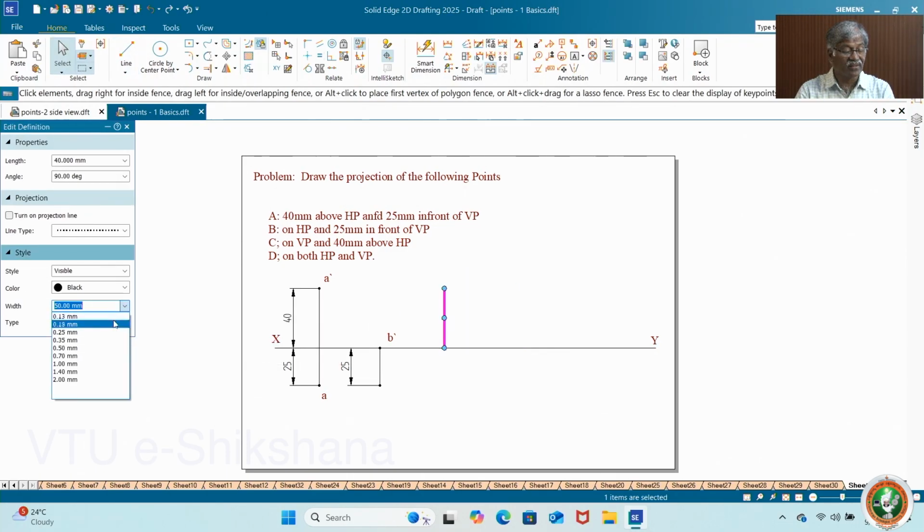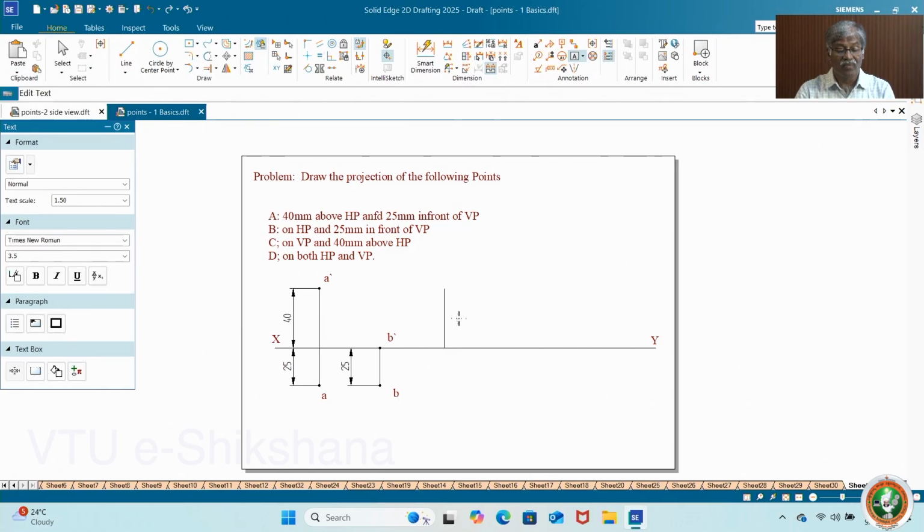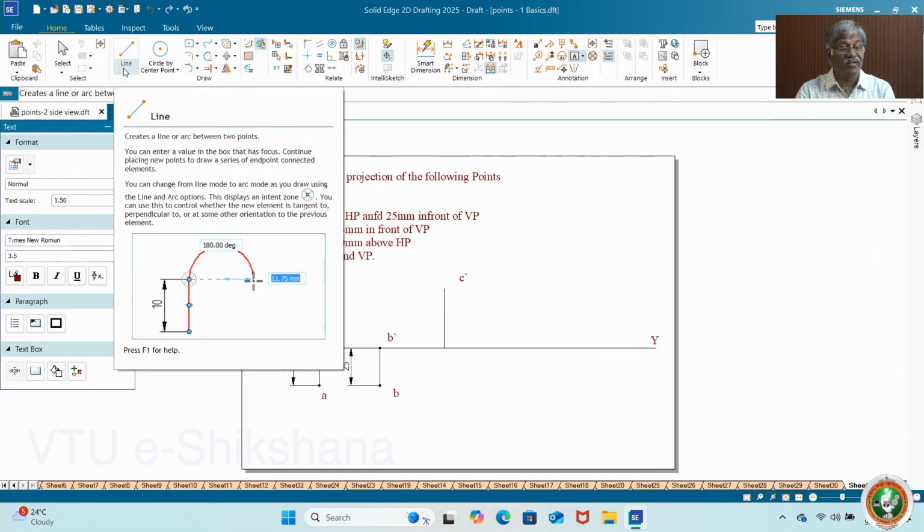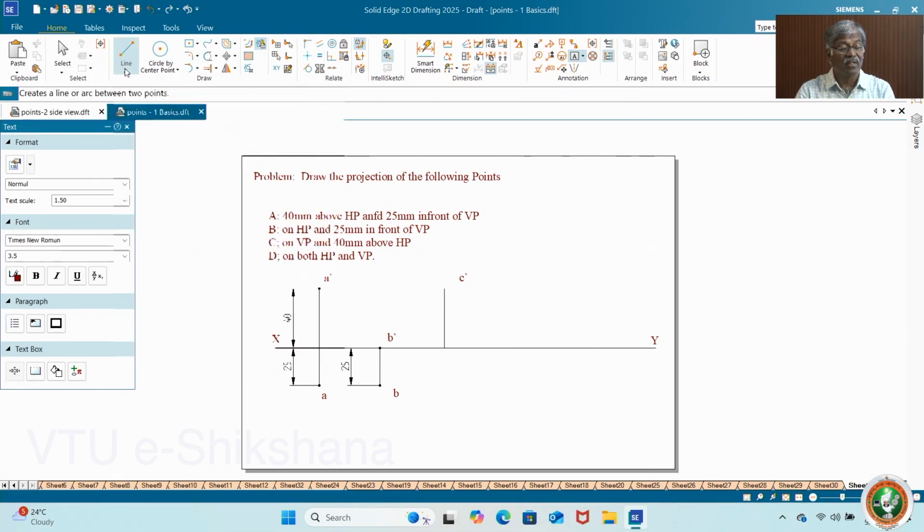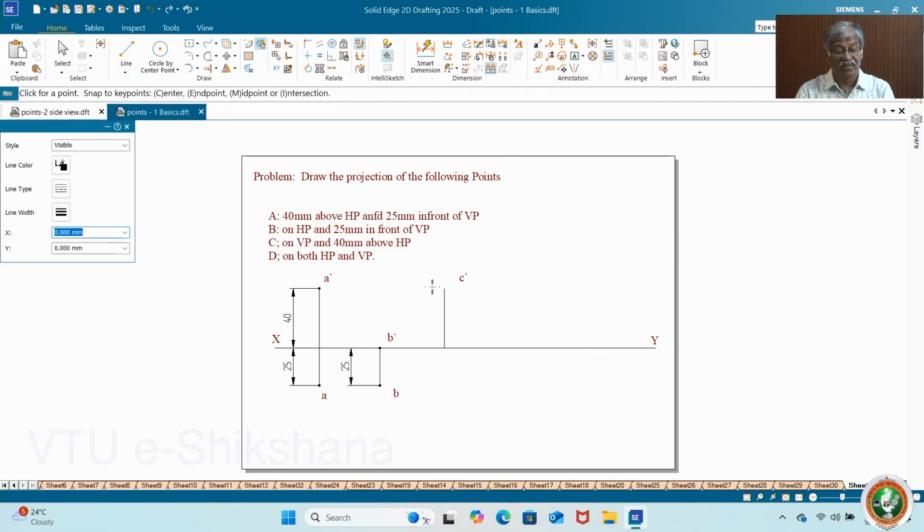Sometimes thickness you have to change before starting. So same thing, this repetition is there. Better you avoid this. Now C, this becomes C dash. Mark point at the end of this. Actually, you cannot see any point here unless you keep little bigger size. Yeah, it is 50, definitely it is 50.